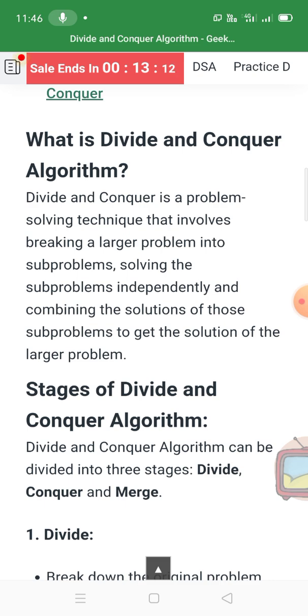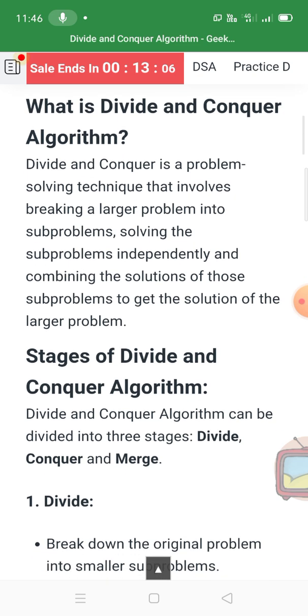The concept is that every problem has a solution, so we have to find which solution is suitable for the particular problem. Then the solutions are applied to rectify the problem, and finally we combine the solutions. So automatically it gives the divide and conquer method. This is called the divide and conquer algorithm.